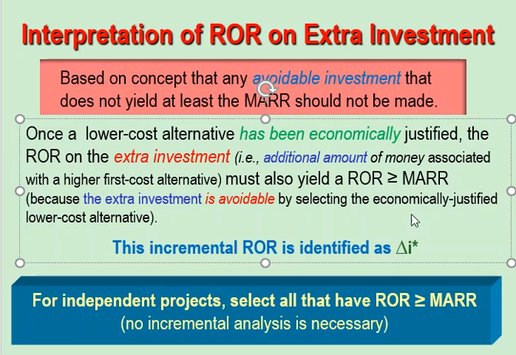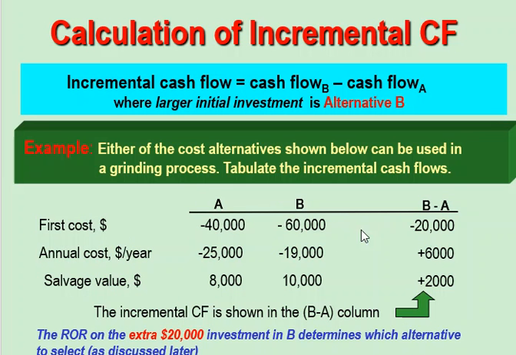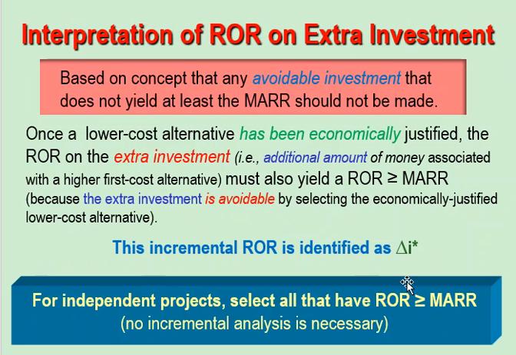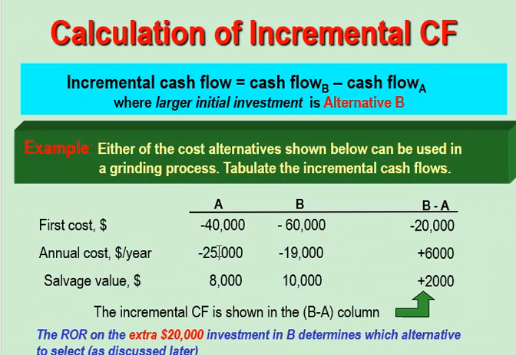Keep in mind that those are for mutually exclusive projects. But in independent projects, I don't need to do incremental rate of return. I get the rate of return of A, and then I get the rate of return of B. If rate of return of A is greater than or equal to MAR, then alternative A is good, economically justified.